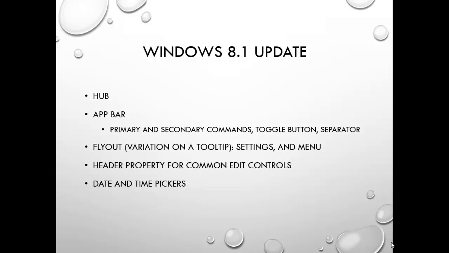So the hub control is something where you section off your front screen, typically. Hub control supports these sections, and you can have a header in there and some content, it doesn't matter what the content is. So it's sort of like a header content control that is grouped into a single hub.